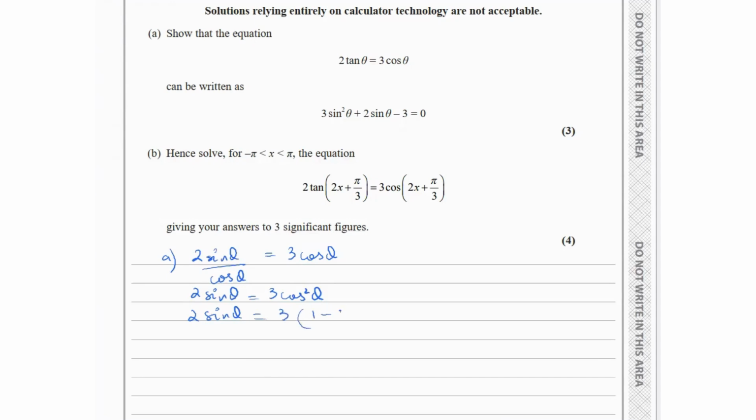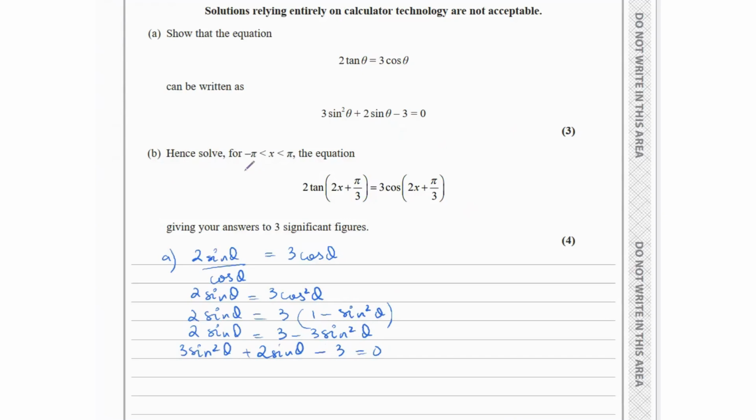And this way the entire equation will be in terms of sine, as asked in the question. Bring everything on one side. So 3 sine square theta plus 2 sine theta minus 3 equals 0. Exactly the same as the equation in the question.